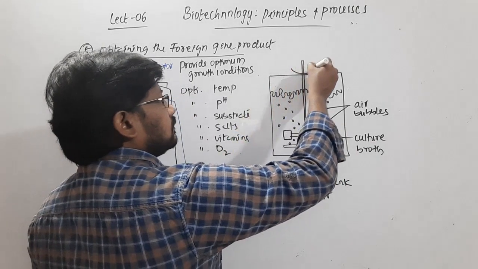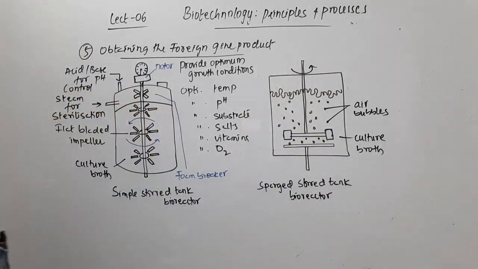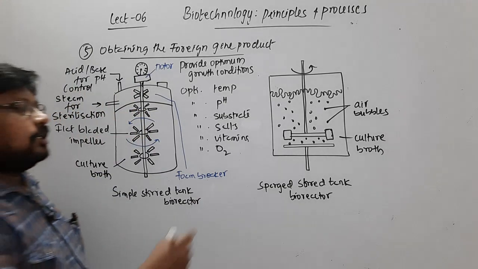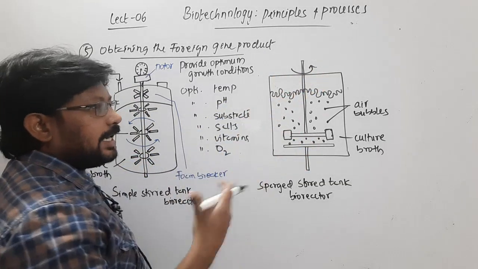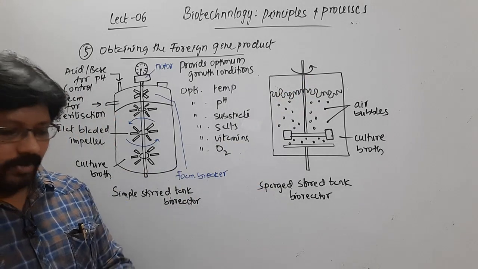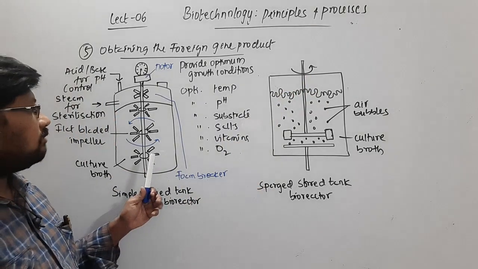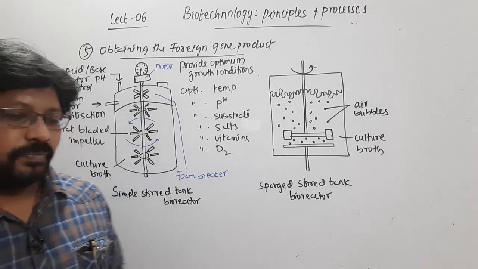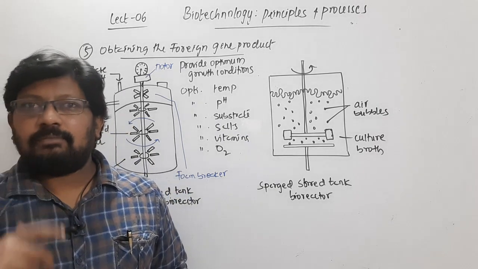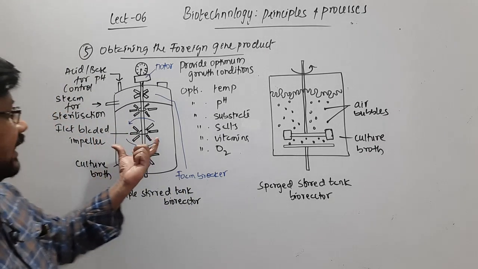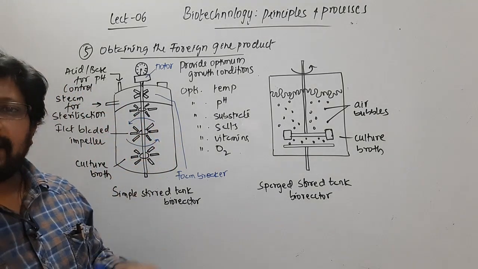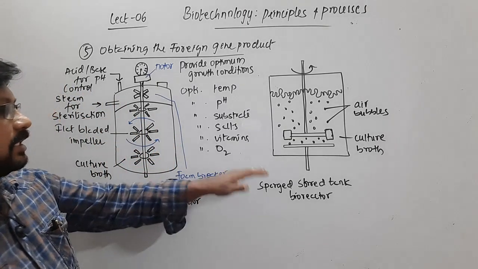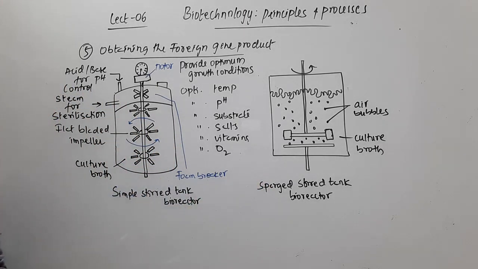This is also connected to a motor that rotates at a particular speed, and it controls everything. All these are connected to their own computer systems, which automatically regulate by detecting the pH, releasing acid or base to maintain the pH. The same happens in the sparged stirred tank bioreactor.